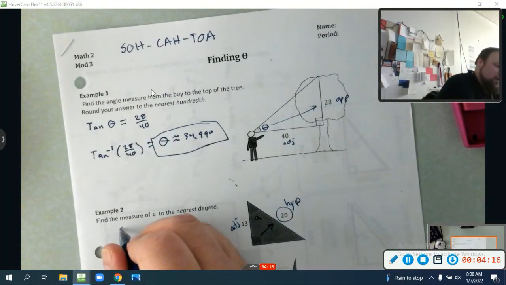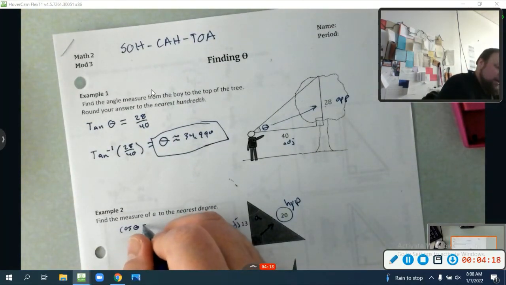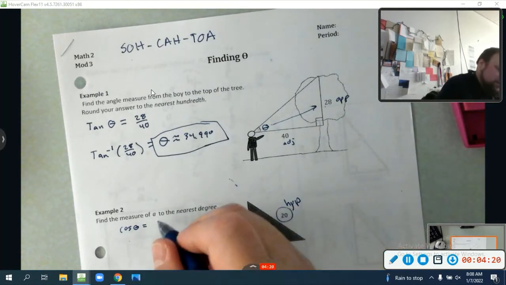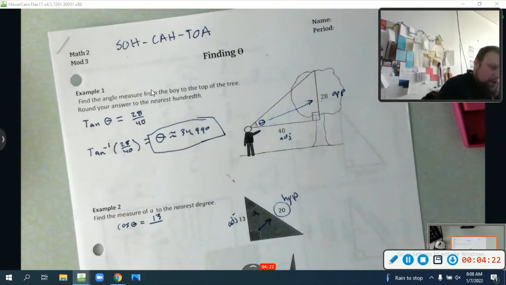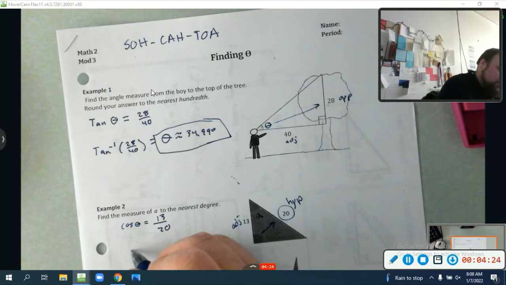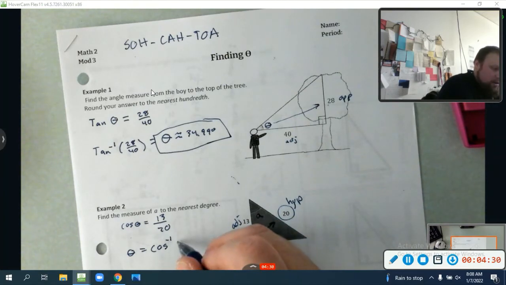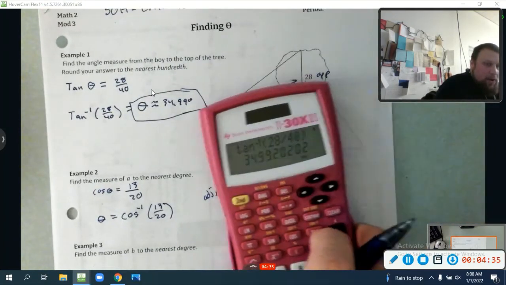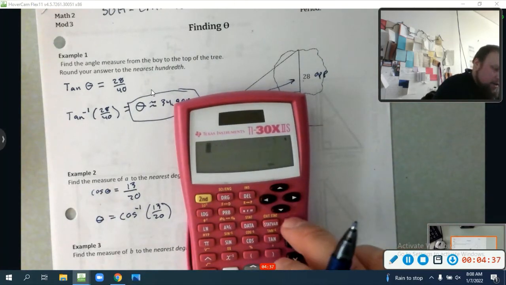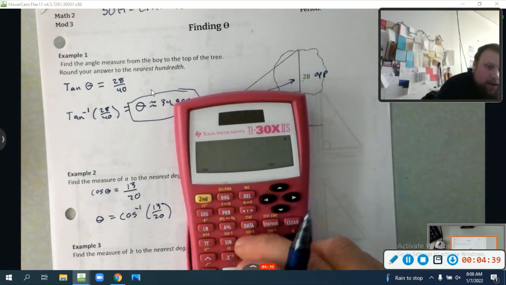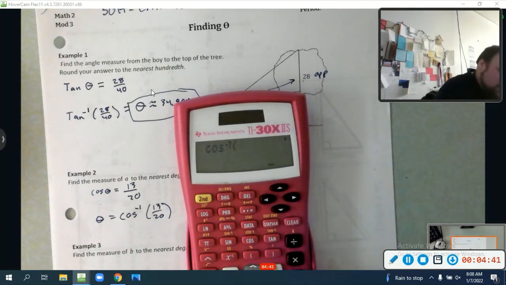So I know that the cosine of theta is equal to my adjacent, which is 13, over my hypotenuse, which is 20. Therefore, my theta is going to equal the inverse cosine of 13 over 20. It's really that simple. So we're going to have second function, inverse cosine of 13 divided by 20.